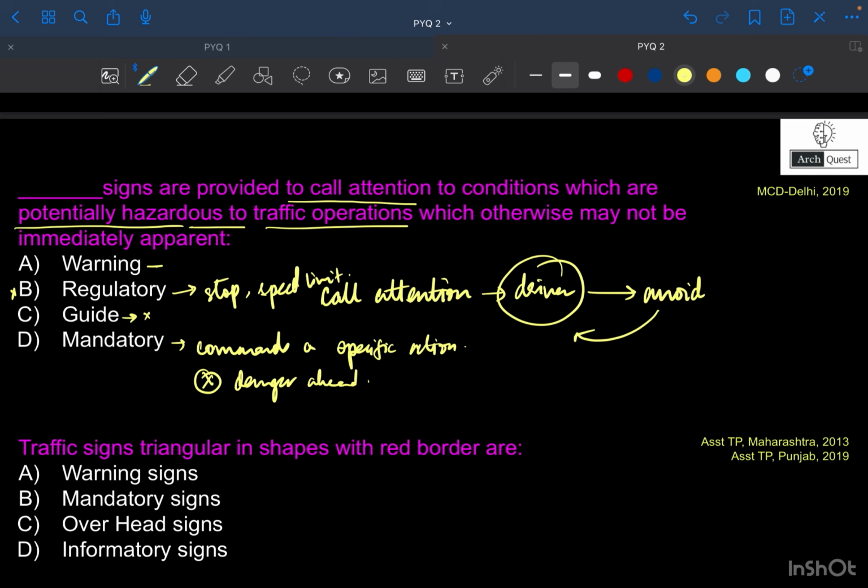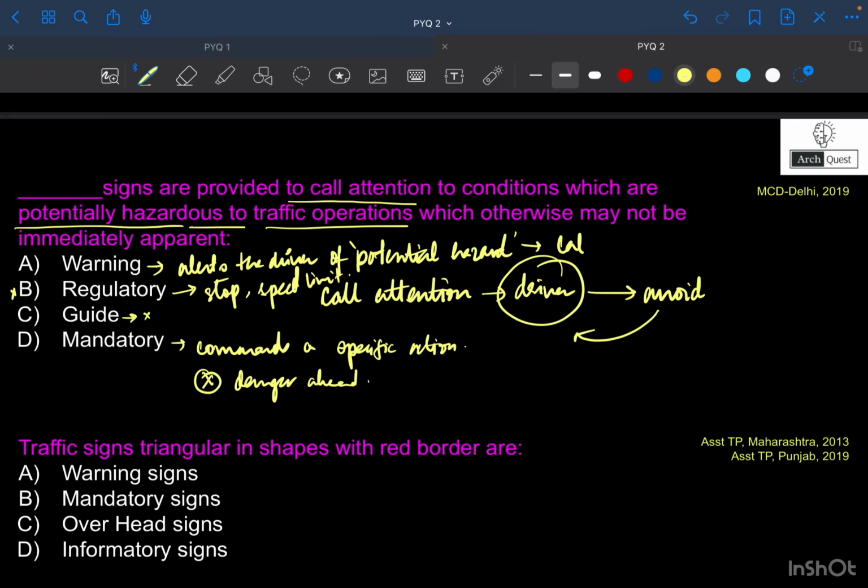So warning, directly it alerts the driver of the potential hazard or changes in the road conditions. ठीक है?